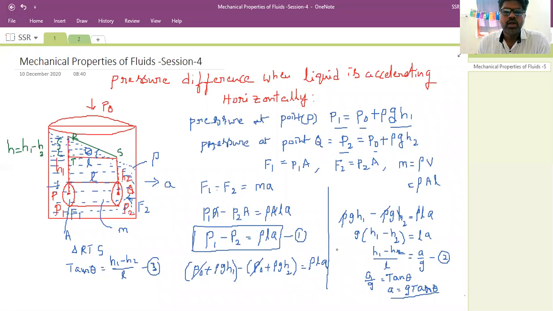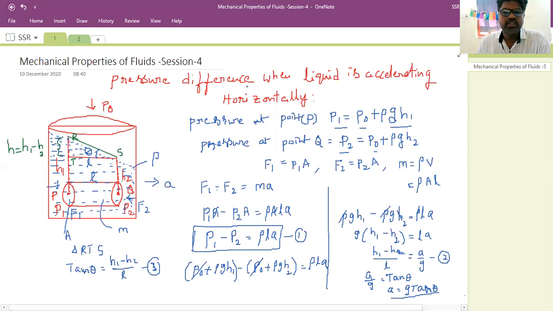In the same way, the liquid is also moving horizontally with an acceleration a, and in terms of g, a is equal to g tan theta. So this is one important relation.